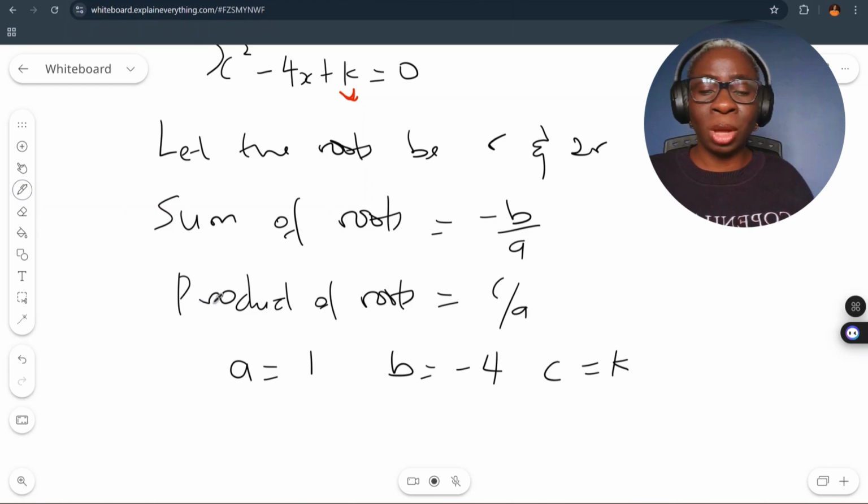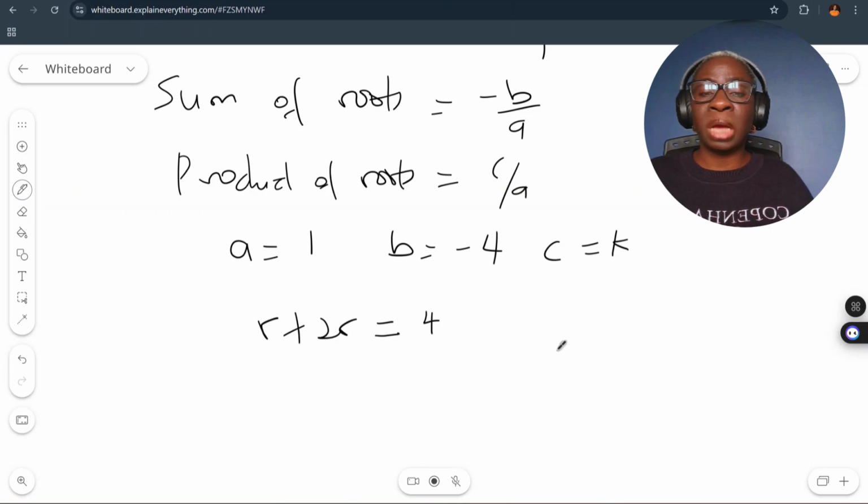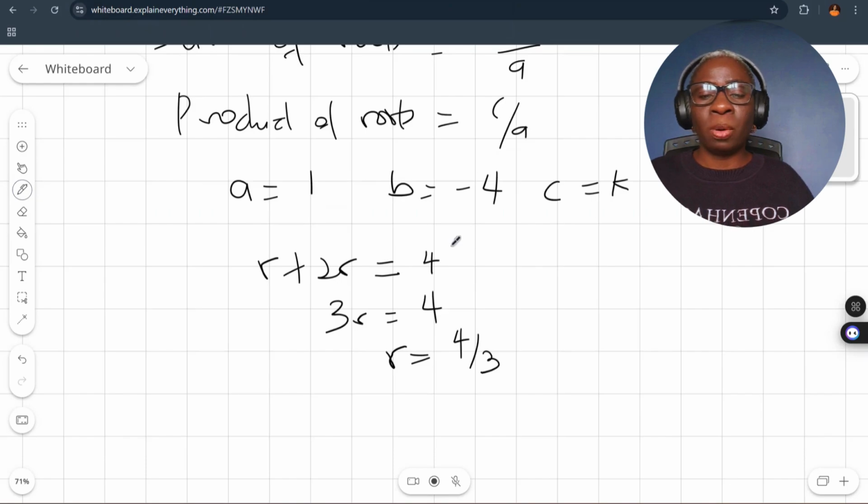So now the sum of roots, the roots are r and 2r. So the sum of roots will be r plus 2r, and that will be 4, that is -b/a. So this means that 3r equals 4 and r equals 4/3.